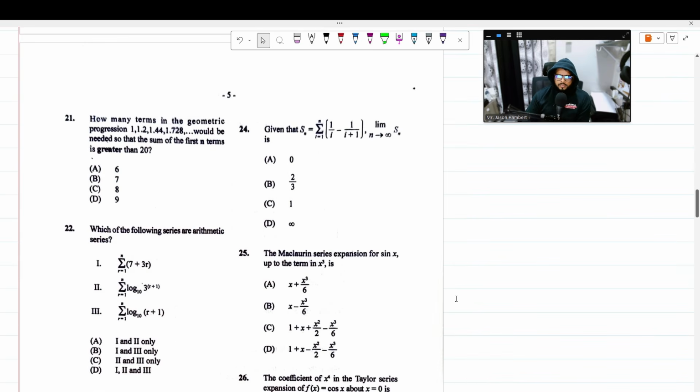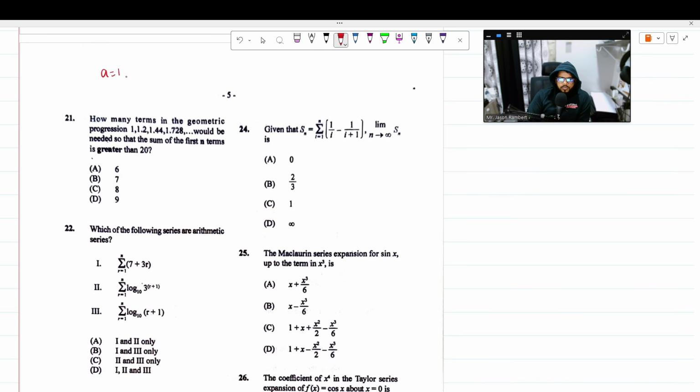How many terms in the geometric progression would be needed so that the sum of the first n terms is greater than 20? Let me check and see when the sum of the first n terms is equal to 20 now and see what we get. So the progression is 1, 1.2, 1.44. So I could see r is 1.2 already.